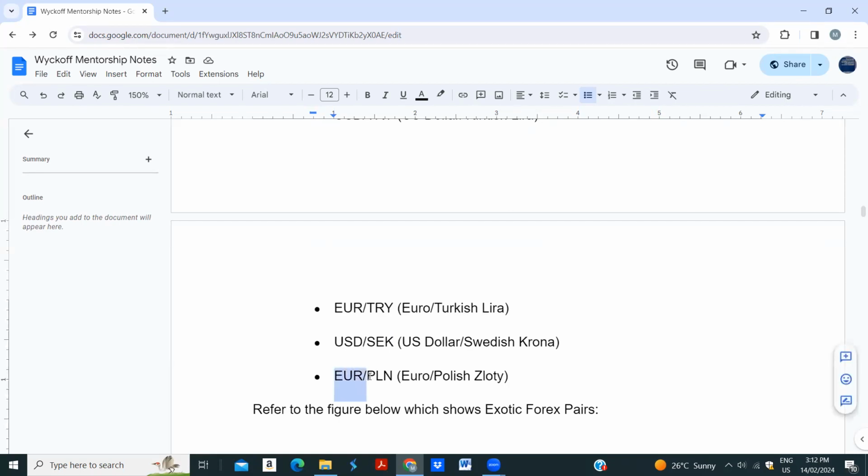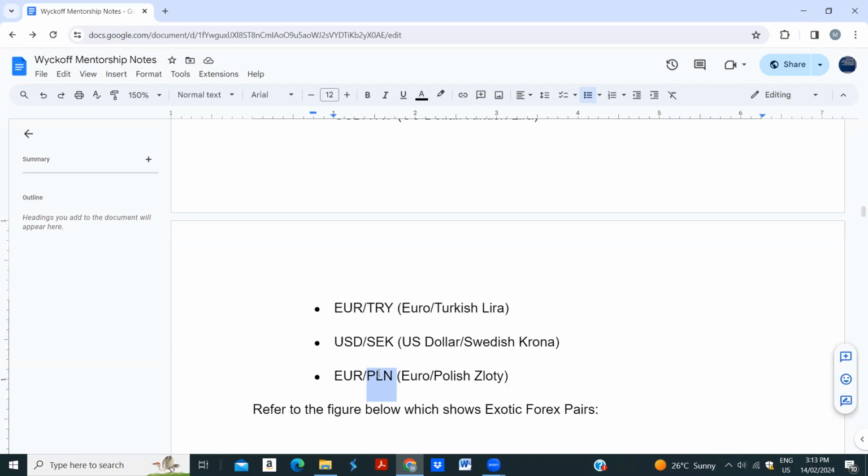Similarly, we have euro and PLN, which is the Polish zloty. The Polish zloty belongs to Poland, which is also a developed country, but it is not a first world country. It is not a major economy of the world.